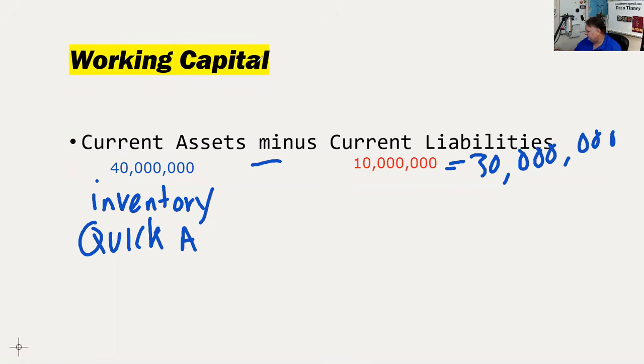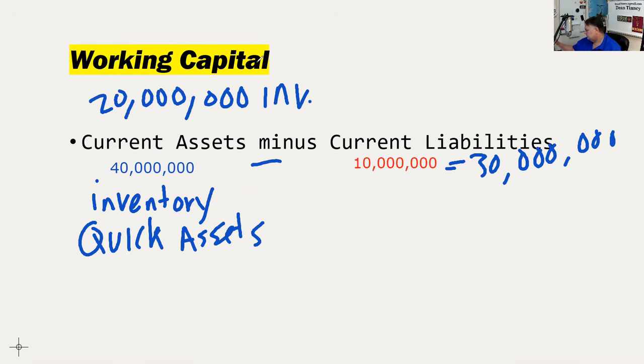Quick assets are the current assets less the inventory. So in our example, let's say that of this $40 million, 20 million of it is inventory. And so our quick assets would be 20 million.